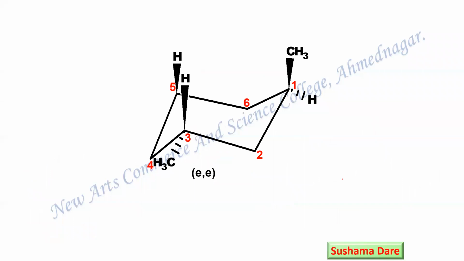Now let us go with the energy calculation. In the energy calculation, you can see that the C1 CH3 group is axial. So for that, if one axial group is there, then there is the presence of Butin-Gauch interaction. Which two Butin-Gauch interactions are present?